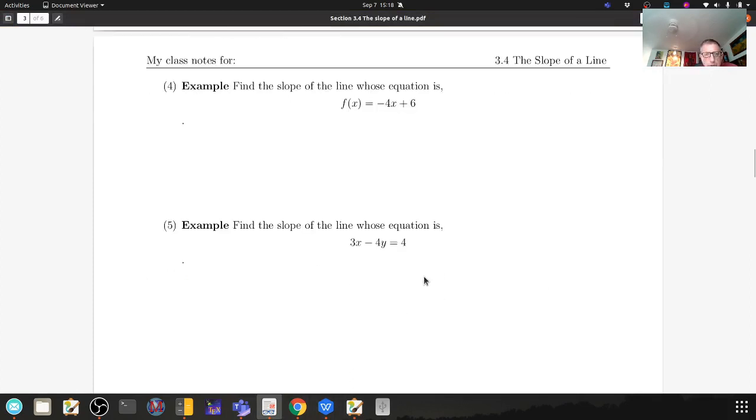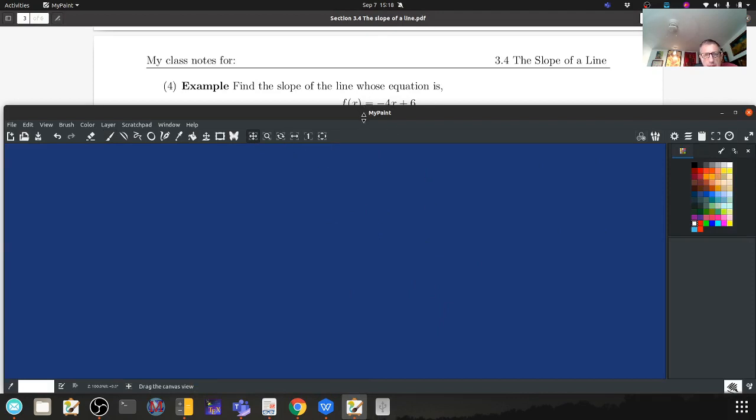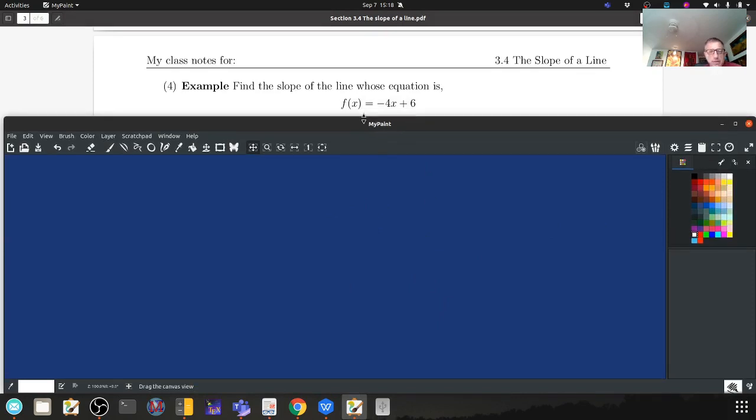So let's do 4 and 5. So number 4, pretty much the same ordeal. We have f of x is equal to minus 4x plus 6.